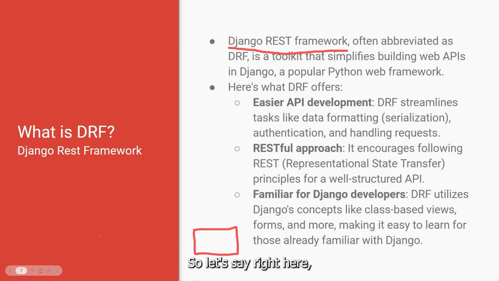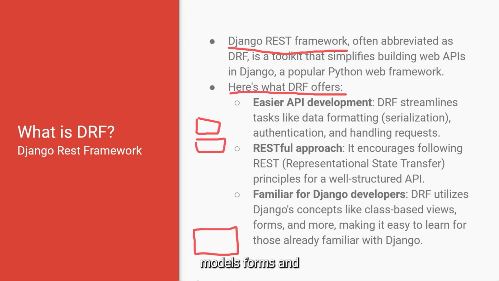So let's say right here, here's what DRF will offer. Normally, when we are programming in Django, we do things like views, certain kinds of models, forms, and URLs that will lead to certain resources on our page.